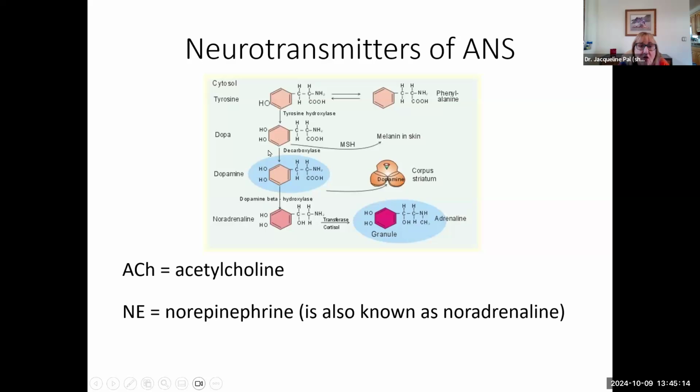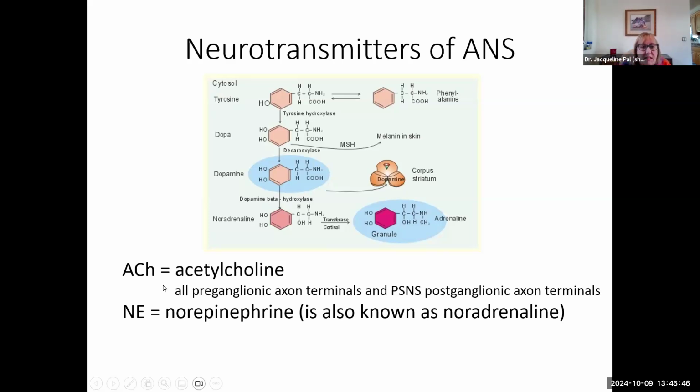But it also is used to make that neurotransmitter dopamine that we talked about previously. And dopamine, with one little change, we can get rid of this COOH thing, will become noradrenaline. And then from noradrenaline, we can make adrenaline. Okay, so they're all related. They're all kissing cousins to each other.